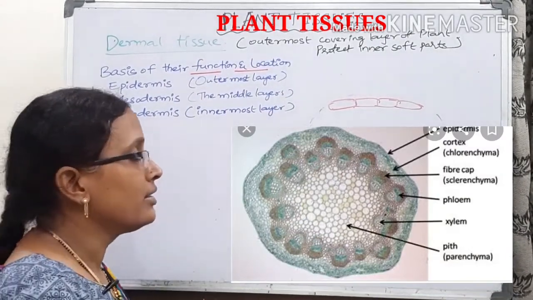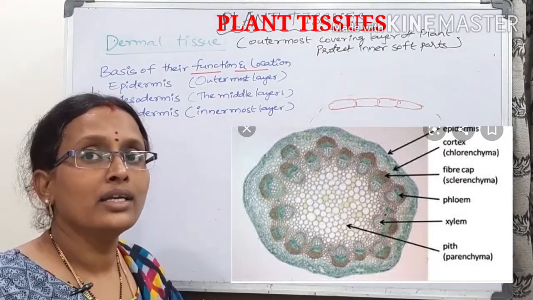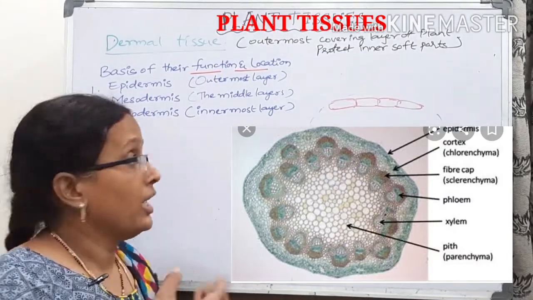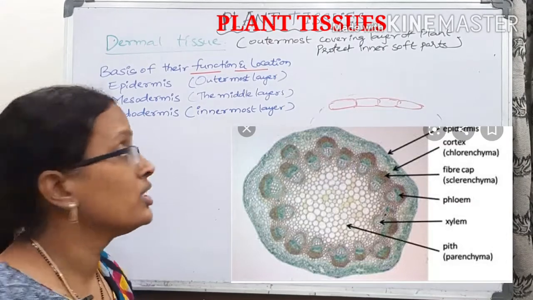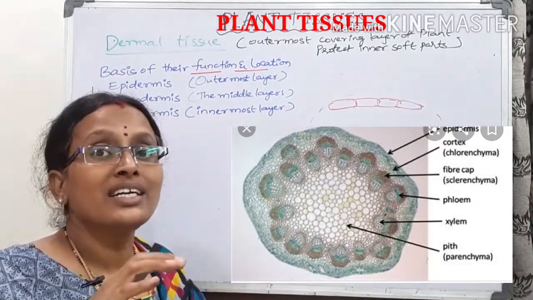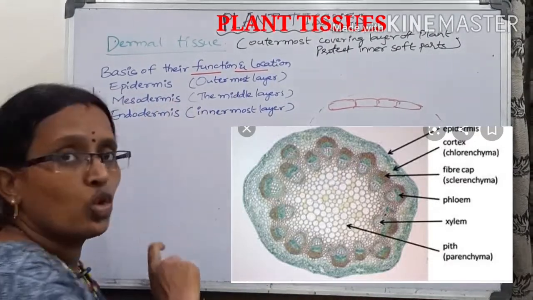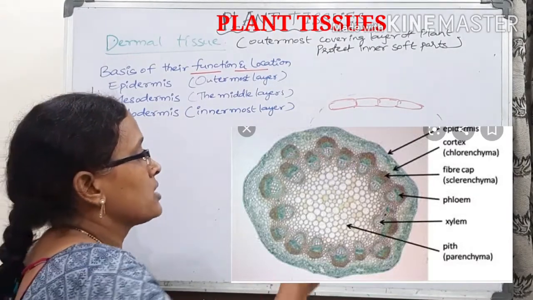there are internal parts that are very important for the plant. They are protected by several layers. The layer which is present outermost is called epidermis, and the layers present in the middle are called mesodermis.